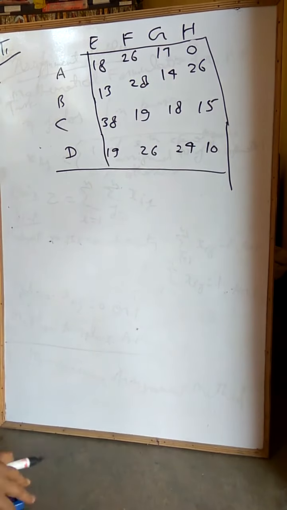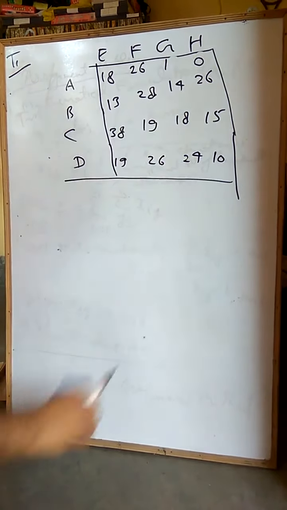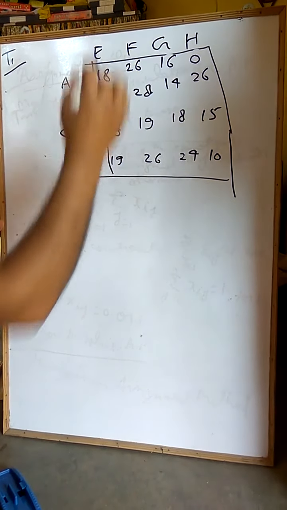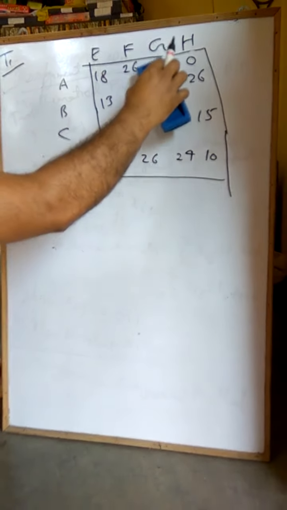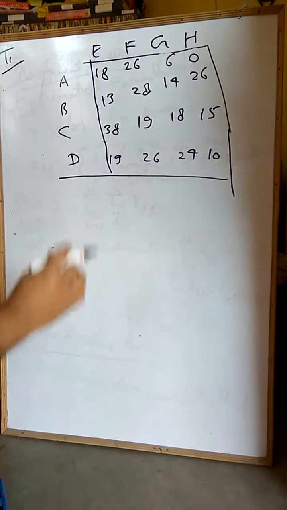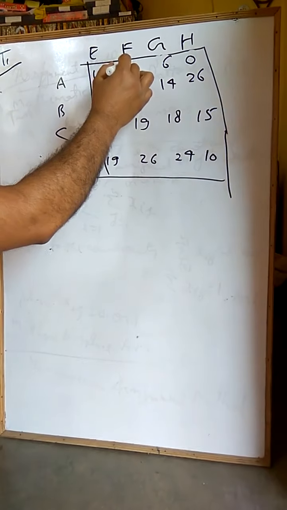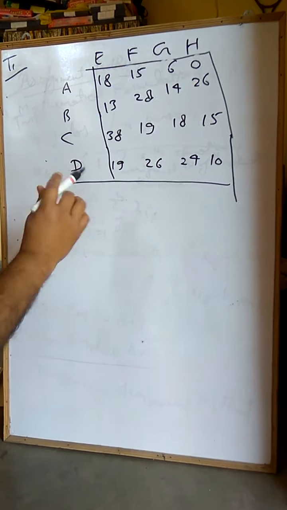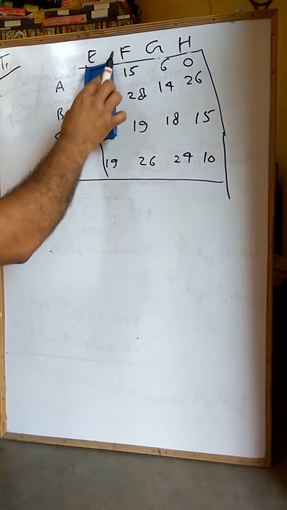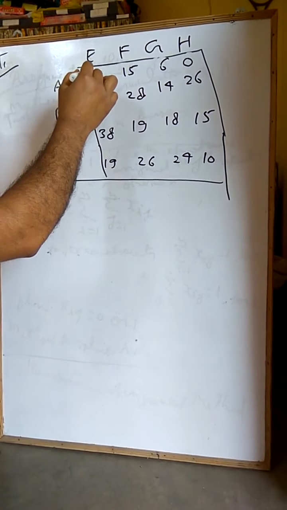Here it is 0, 11 minus 11. 17 minus 11 is 6, and 26 minus 11 is 15, and 18 minus 11 is 7.